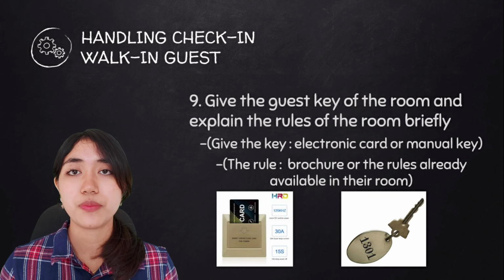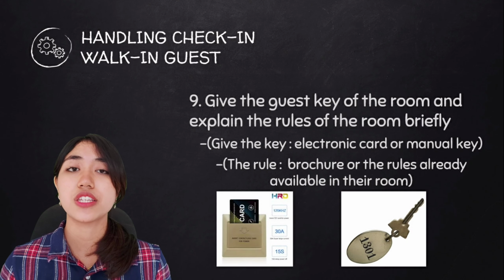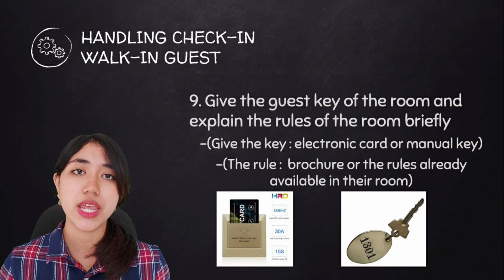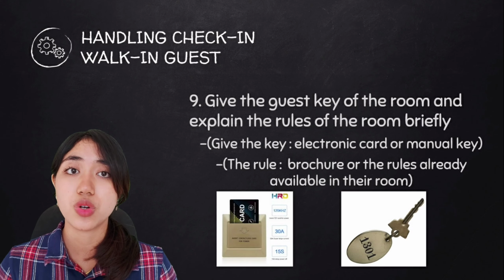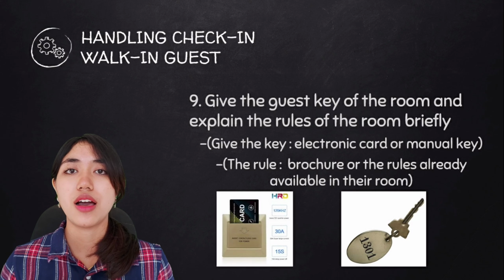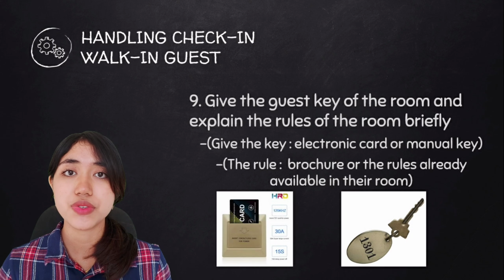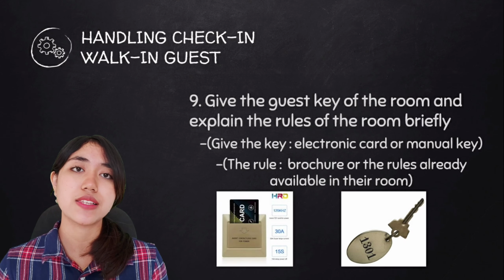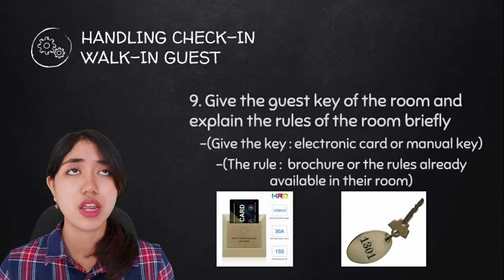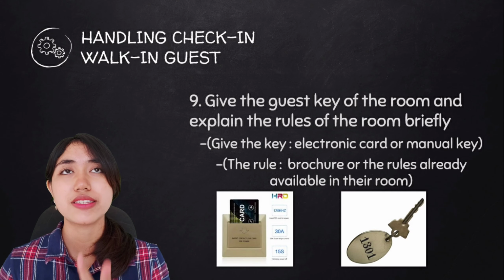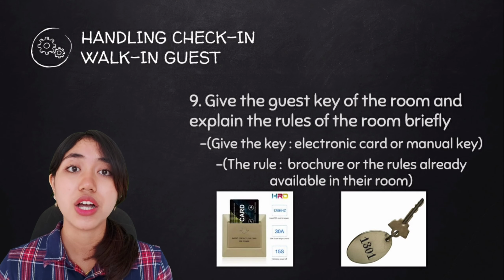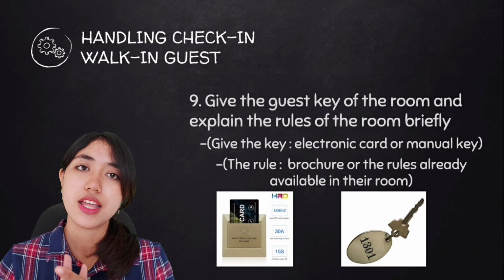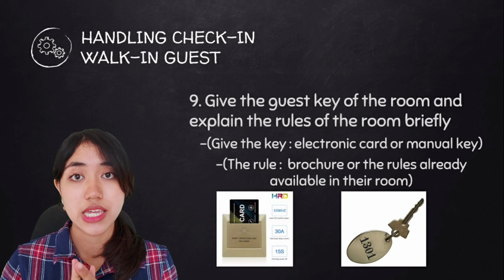The next procedure is to give the guest the key of the room and also explain the rules of the room briefly. In this stage, the front office will give the key of the room after the guest finishes the payment. Usually there are two kinds of key card. The first one is electronic key card and the second one is manual key.